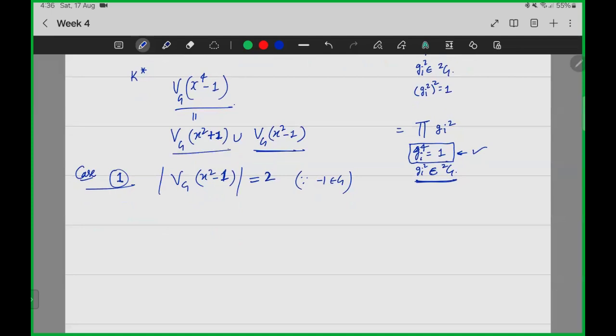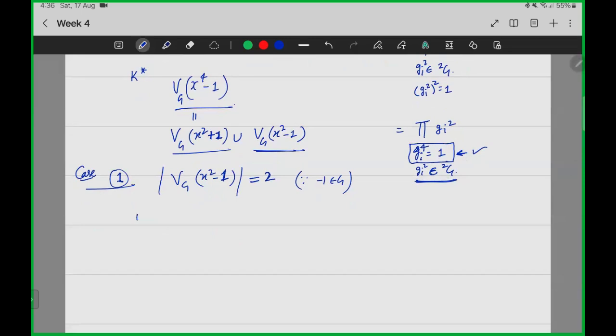So corresponding to minus 1, which is inside G, which satisfies this first condition, we'll take the square of this. So we will take two cases.